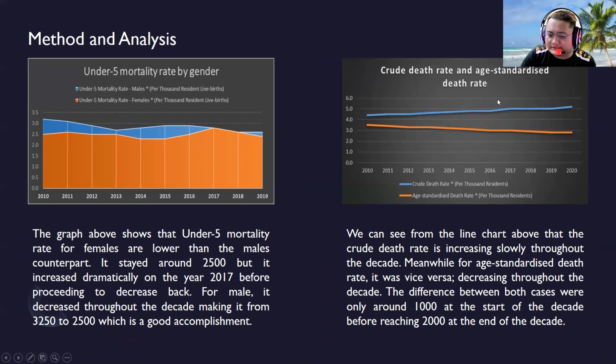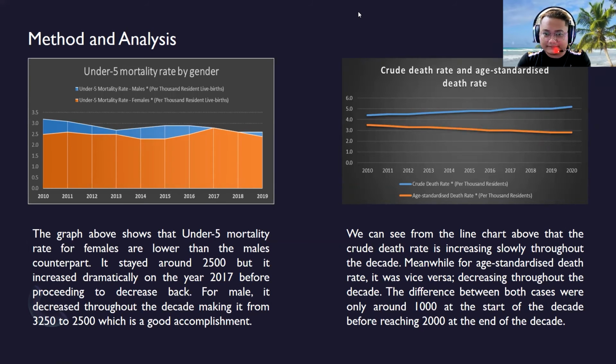Meanwhile, the age standardized death rate is vice versa, decreasing slowly throughout the decade. The difference between both is only around 1,000 at the start of the decade, before reaching 2,000 at the end of the decade, which is around 2020. And that is for my part. I'll hand back to my teammate, Isaac.